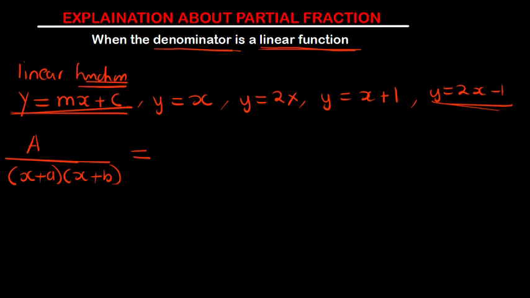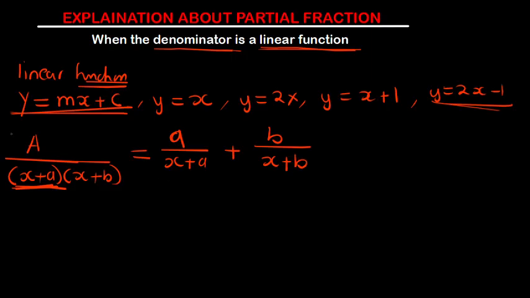The function will look like this: on top you're going to have a constant number, over the linear function you have been given, plus B, like that, over the other linear function that you have been given.